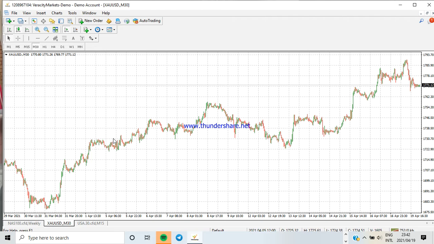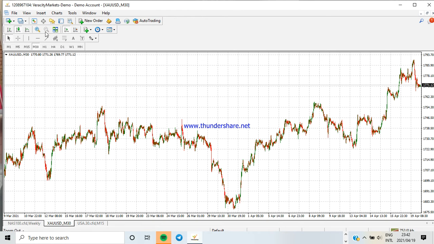Now, what is it that we're going to talk about today? The trend line, right? Zoom out the whole thing so you can see the whole picture of the market.